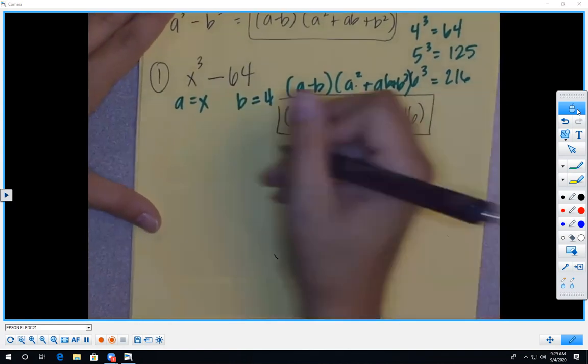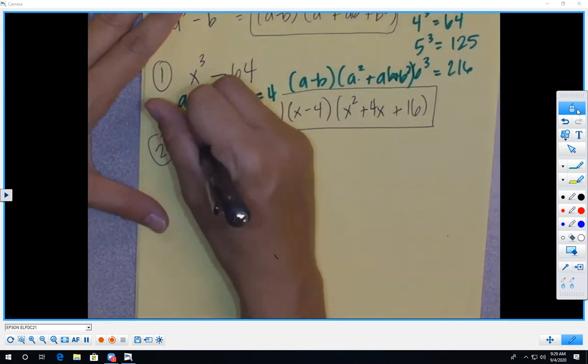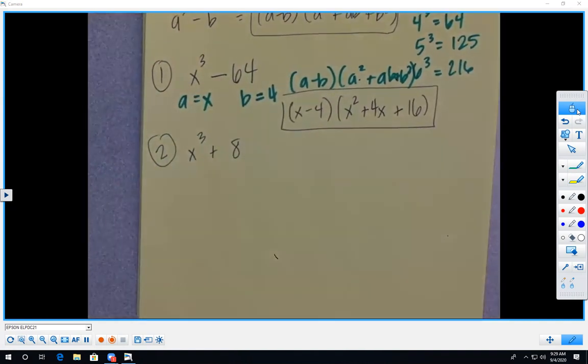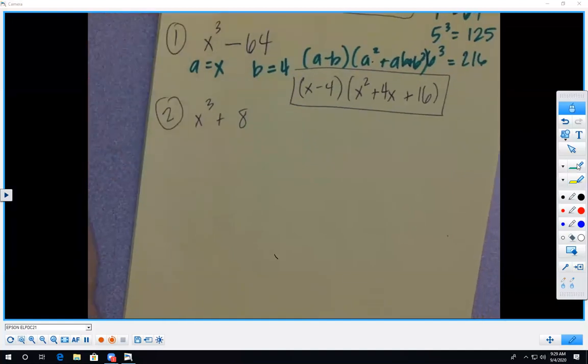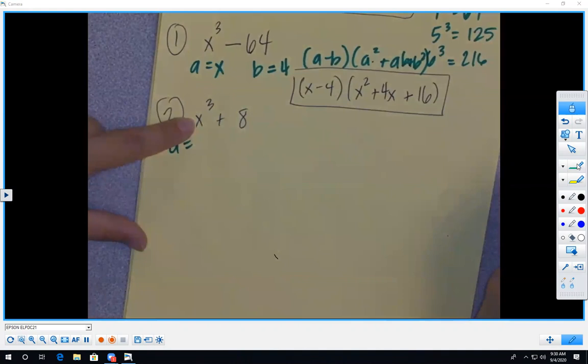Let's do some more. Let's do x to the 3rd power plus 8. Okay, so here, what's my a value? What's the cube root of x cubed?